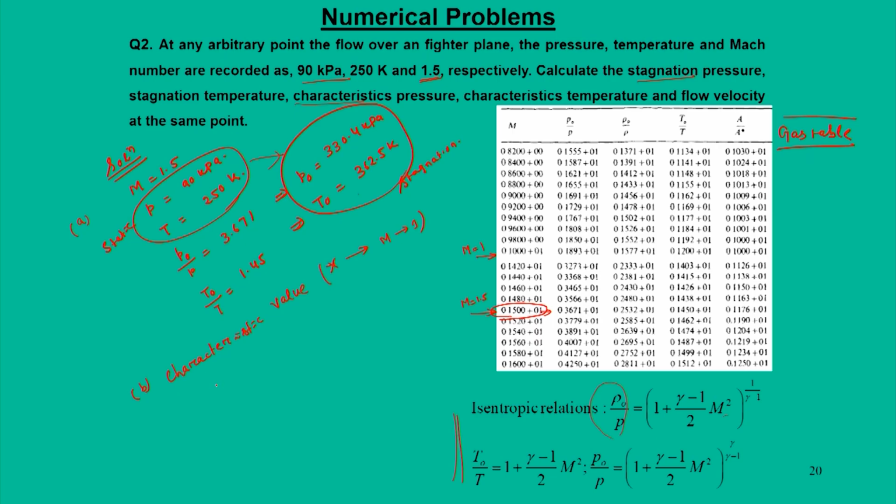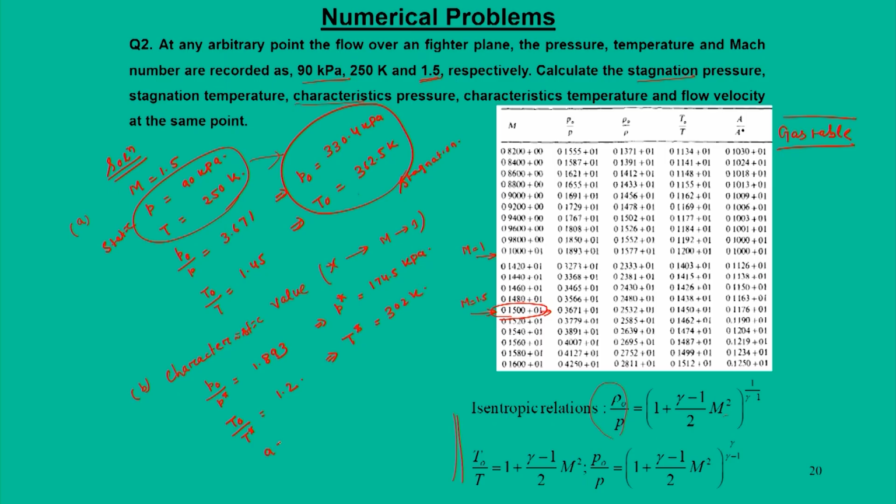So, this will give you P naught by P star is equal to 1.893, T naught by T star is equal to 1.2. So, we know P naught, so we can find out P star is equal to 174.5 kilopascal, T star is equal to 302 Kelvin.